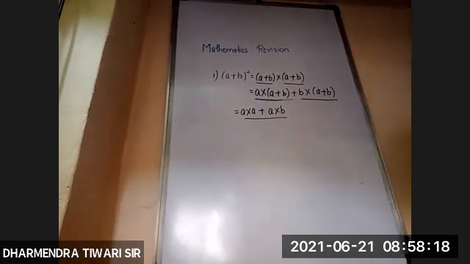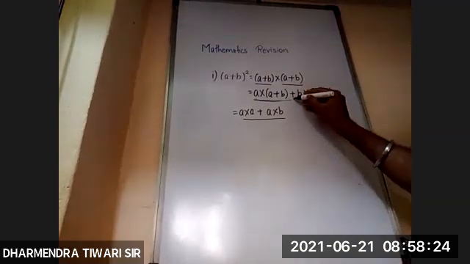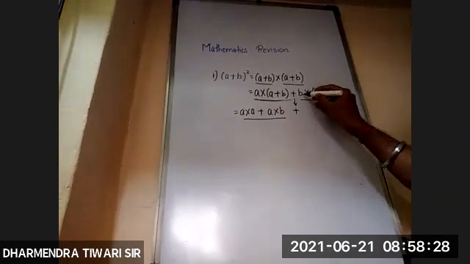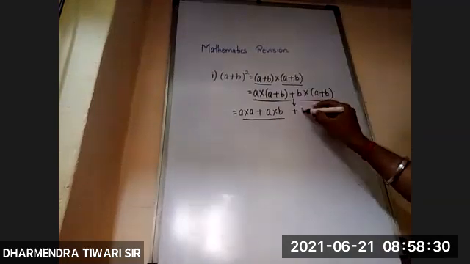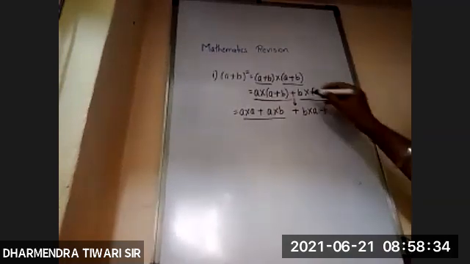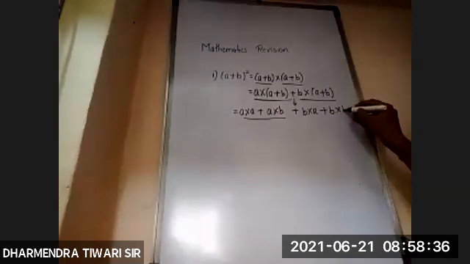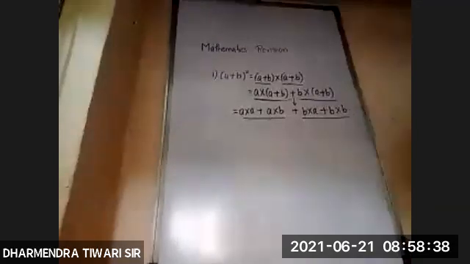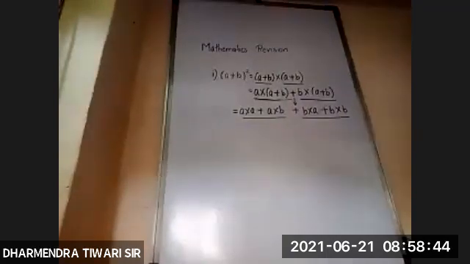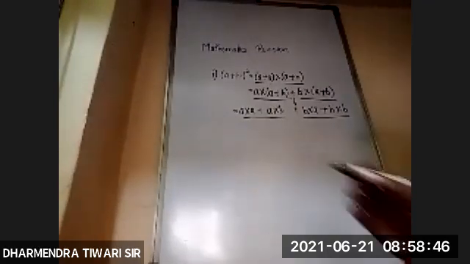Here, a gets multiplied to both the terms present in the bracket. Now write this plus, and after that, b into a and plus again b into b. Hope you have understood this step easily and clearly, how things are evaluated.